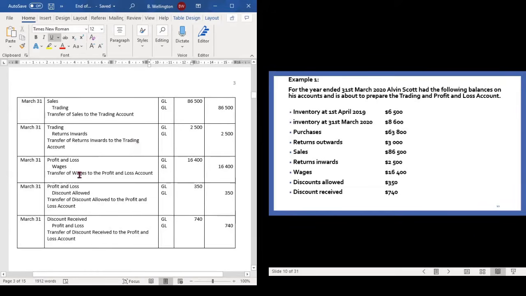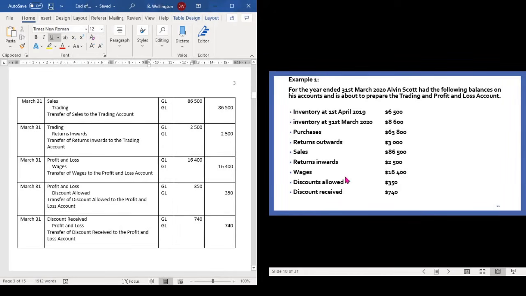Now let us look at wages. Wages is an expense, and expenses have debit balances, remember? Right, debit balances. So if it's a debit balance on the wages account, in order for you to transfer it, you will have to enter a credit entry in the wages account.